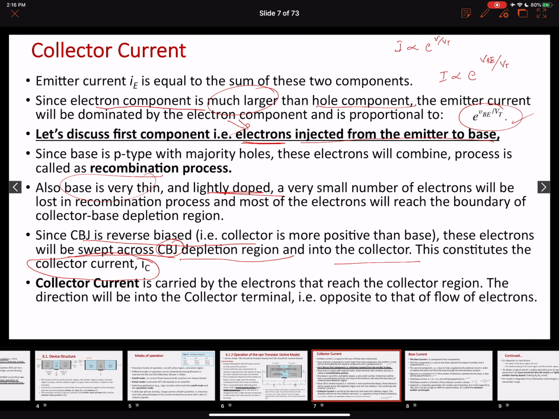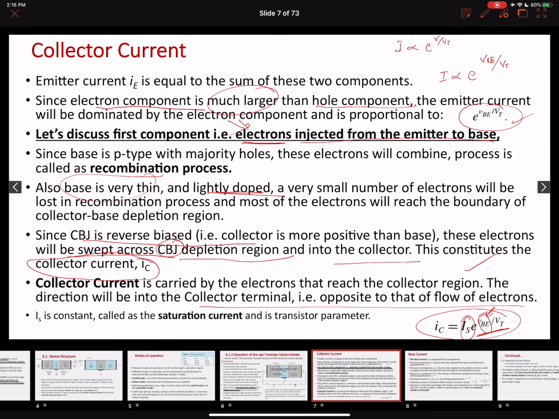So the collector current is carried by the electrons that reach the collector, and we talked about the direction of the current flow. Again, our collector current is proportional to the scaling current, as in the PN junction, and it is proportional to e^(VBE/VT). Why this biasing voltage? Because the electrons coming from the emitter to the base are the same electrons moving to the collector terminal and constituting the collector current.